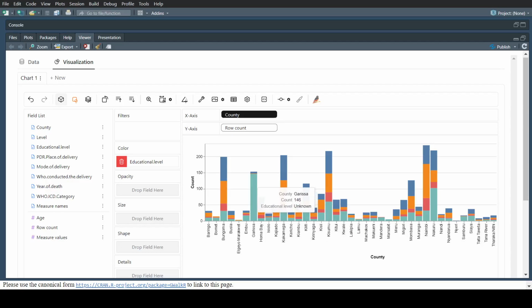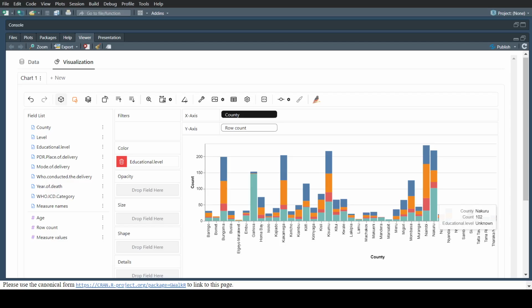Also, there are a lot of unknowns. In Garissa, for most of the women we do not know what their educational level was, and someone might be curious as to why. Is it because this information was not recorded for some reason, or the women were not forthcoming with it?